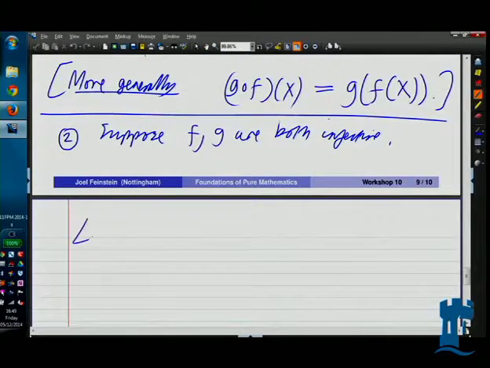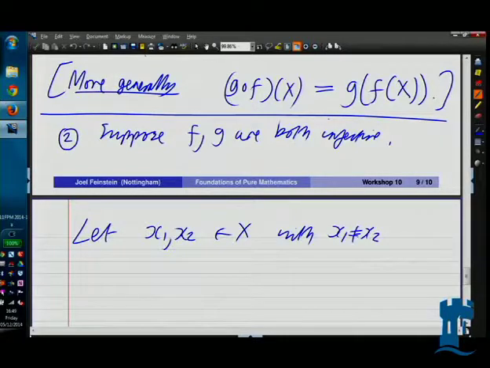So you let x1 and x2 in x with x1 not equal to x2, if there are any, and you have to prove that g of f of x1 is different from g of f of x2. That's what we're trying to do.